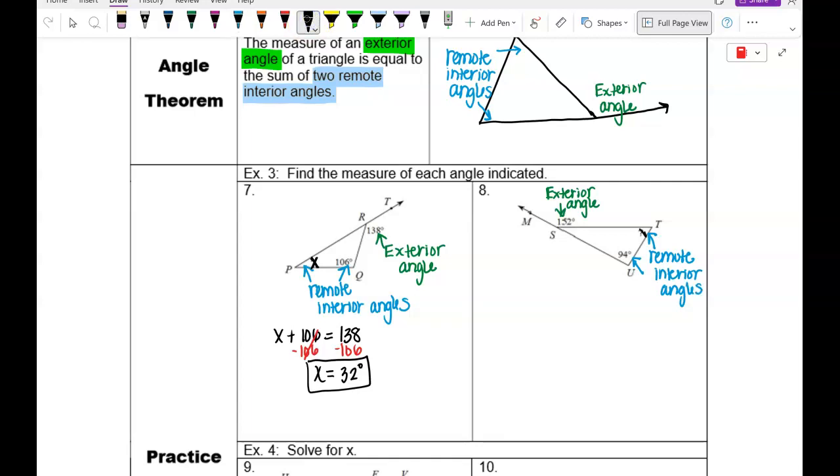And again, I'm going to replace that question mark with an X. So 94 plus X has to be equal to that exterior angle of 152. If I subtract 94 from both sides, what does X equal? Actually, 58 degrees.